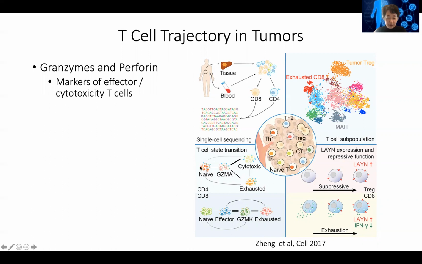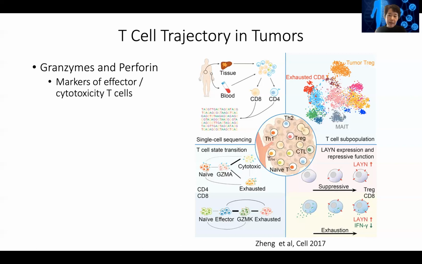And what they found was that, for example, in CD4, initially, before the T cell receptors are activated, you have naive cells. And then once the T cells recognize the foreign antigen, they get activated. It will become an effector T cell, which starts to overexpress granzyme and also perforin, and is cytotoxic, meaning that they are starting to do the killing.